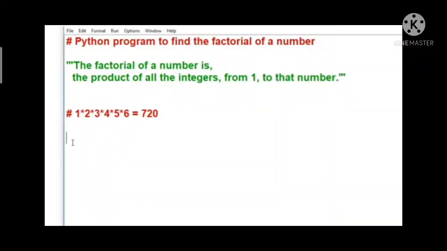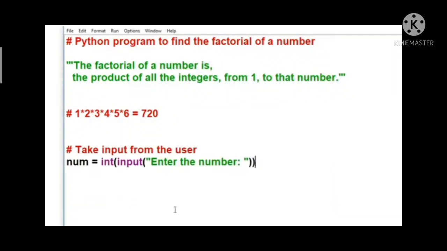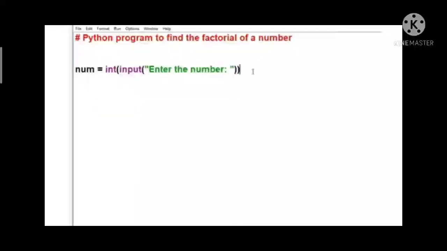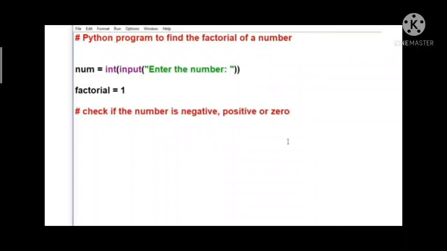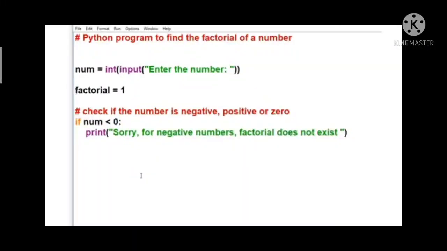First, take input number from the user, as shown here. Take the initial value of factorial equal to 1. Check if the input number is negative, positive, or 0. Factorial is not defined for negative numbers.